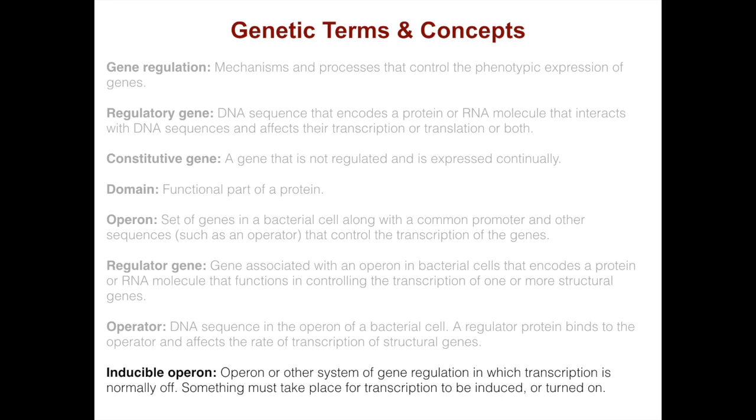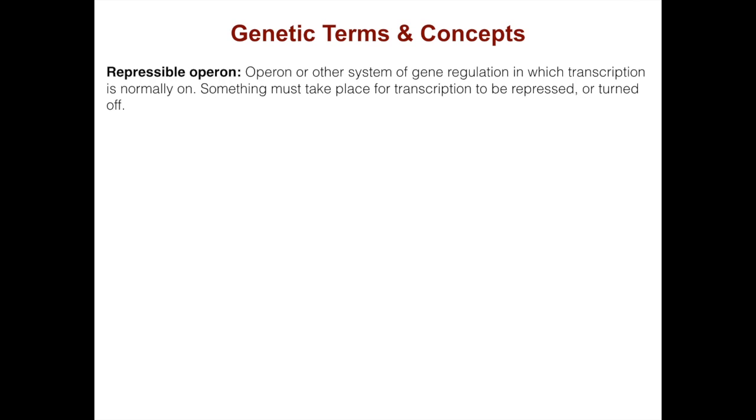Inducible operon: operon or other system of gene regulation in which transcription is normally off. Something must take place for transcription to be induced or turned on. Repressible operon: operon or other system of gene regulation in which transcription is normally on.